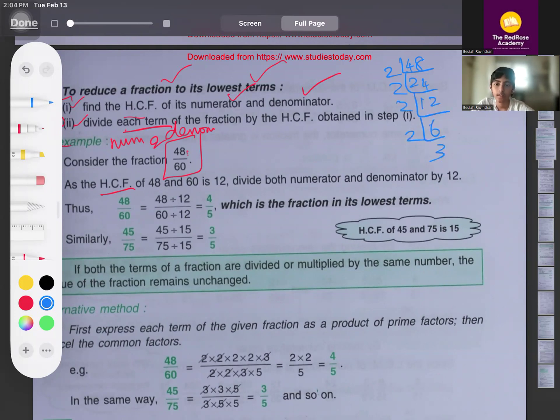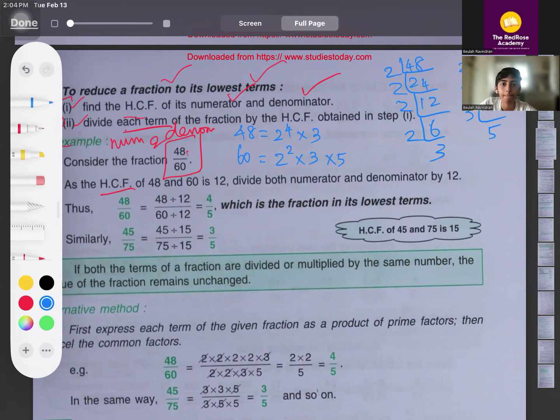Like that. And 60: 30, 15, likewise. How many 2s in 48? 2 power 4 into 3. In 60, how many 2s? 2 power 2, 3 and 5.